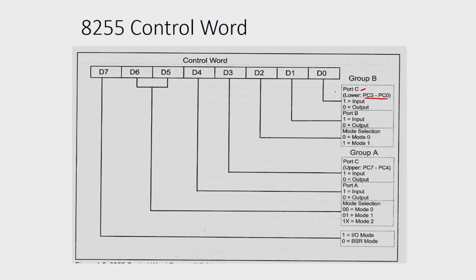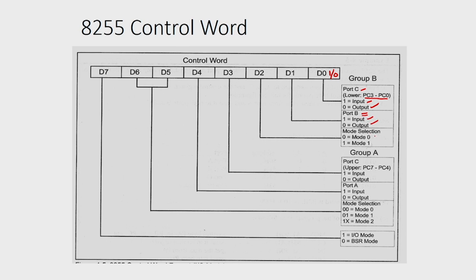If this bit is 1, it acts as an input port. If I make it 0, it acts as an output port. The next bit is for selection of port B. Again the same thing, 1 means input port, 0 means output port.